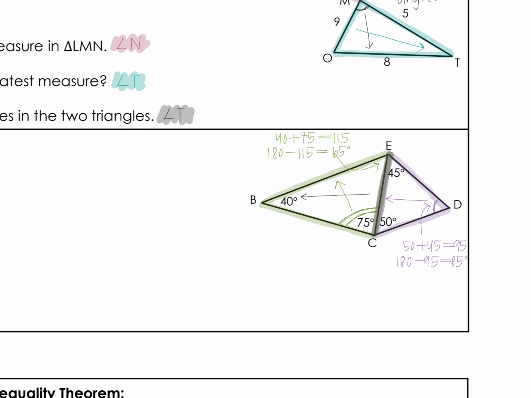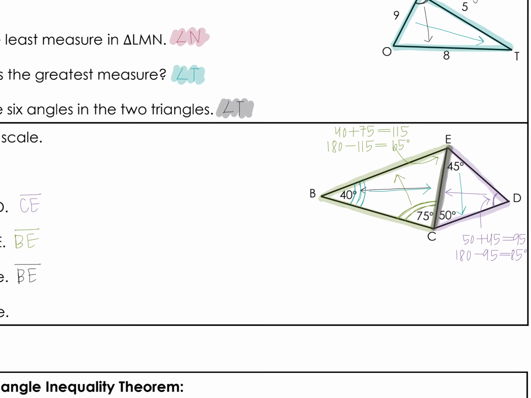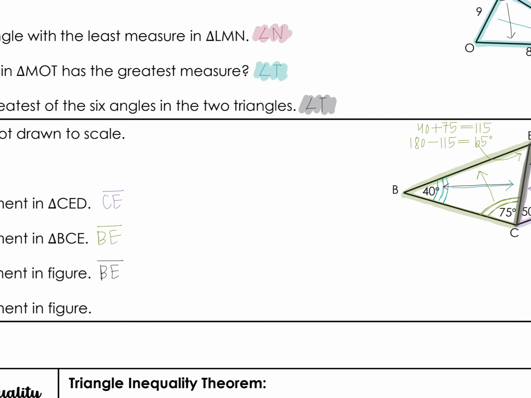We've got that my 40 degrees here is going to be a small angle in this triangle BEC, and it is opposite of that segment CE, which if I look in the other triangle, I notice that it is actually the largest segment in that one, which means when we deal with that 45 degrees, the smallest angle in this triangle, the side opposite, CD, should be the shortest segment in this entire triangle.